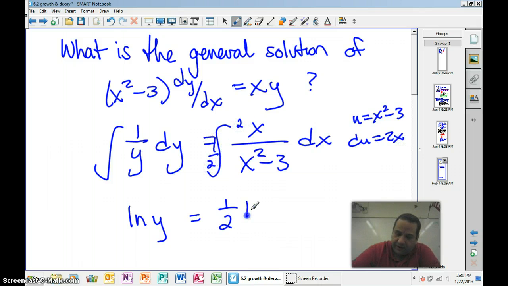So it's 1/2 ln of x squared minus 3, and then we'll do plus c. Makes sense. All right, so that is the general solution of this thing. Natural logs coming through.